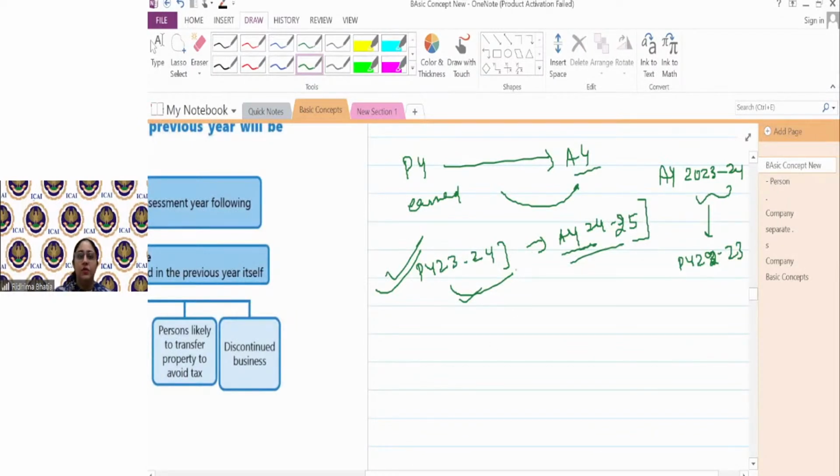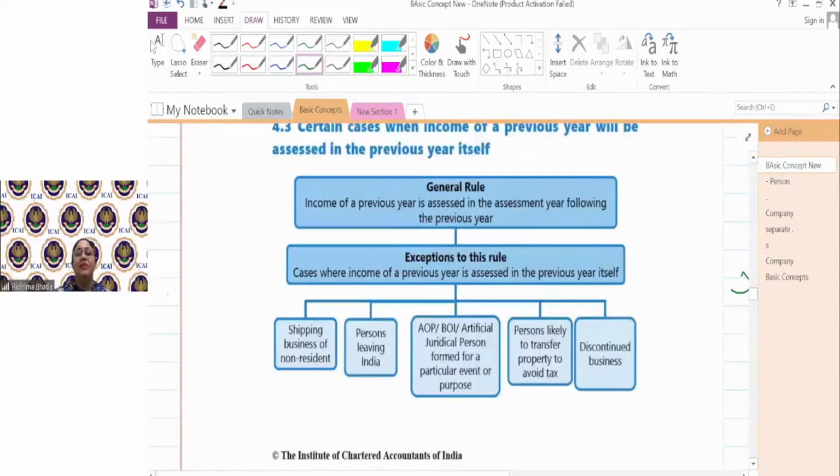Now, you understood up to here. Now there is a twist in the story. Until now, the general rule is that the previous year is the year in which the income is earned, and assessment year is the year in which the income is assessed. But there are 5 scenarios where the previous year and the assessment year are the same. These are cases where income of the previous year is assessed in the previous year itself.